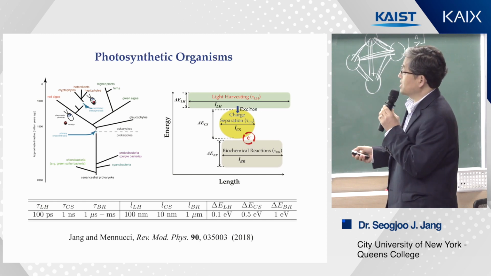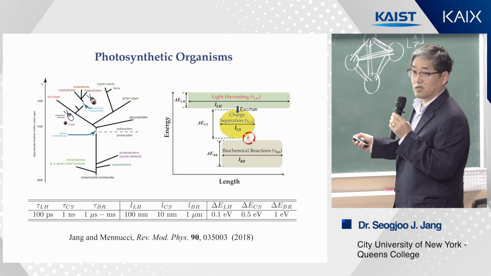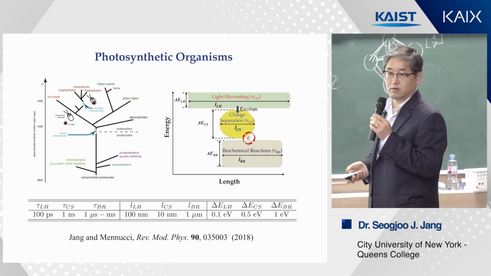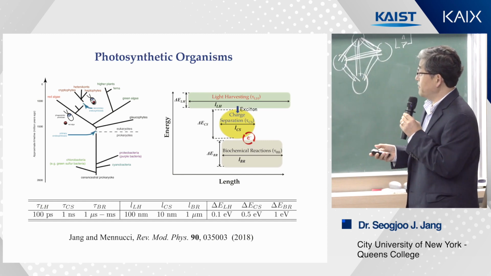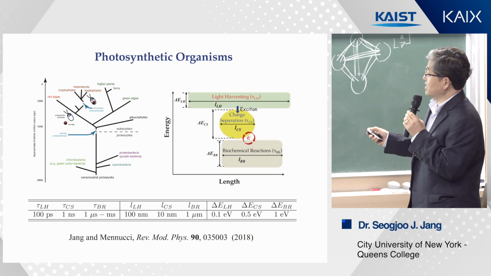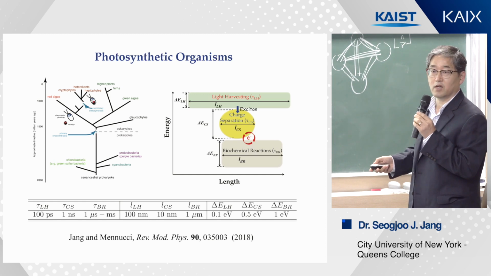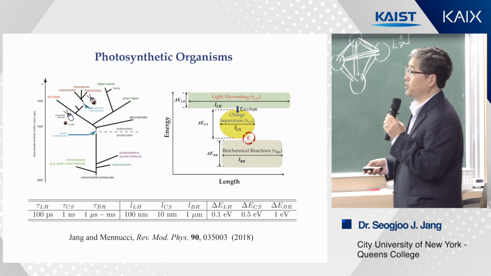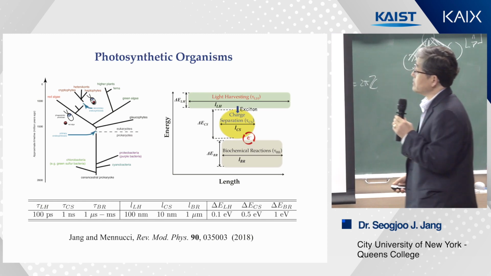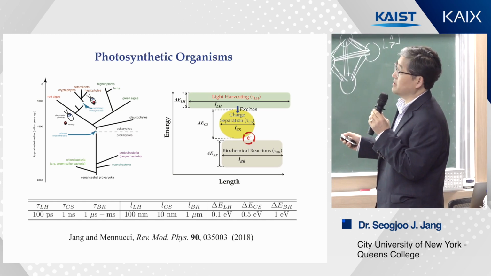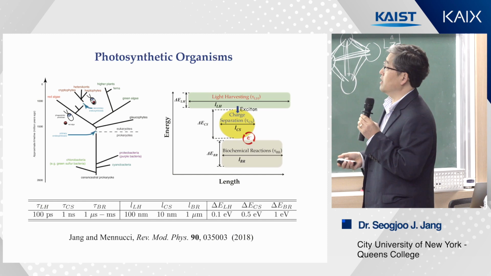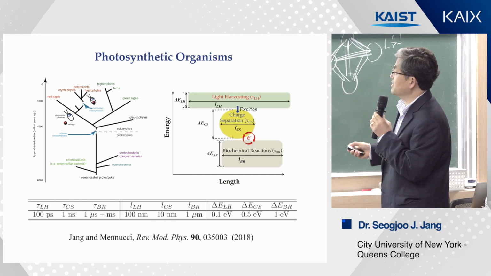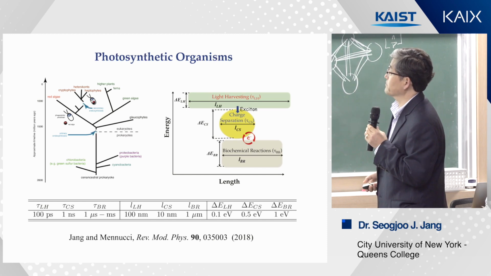Probably you learned a lot about the biochemical reaction parts from your biology course at some point in your life. But the light harvesting and charge separation parts are relatively unknown to the broader public. It is because they have been understood fairly recently compared to the biochemical reactions.